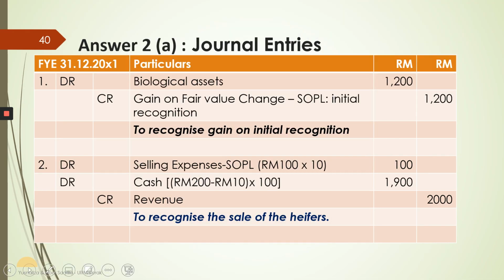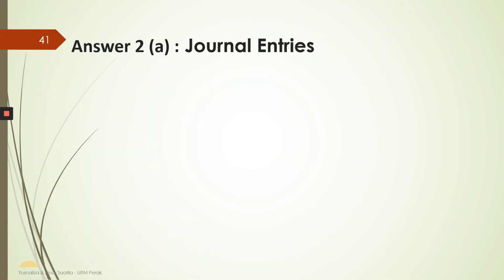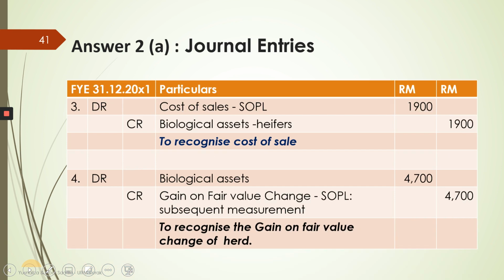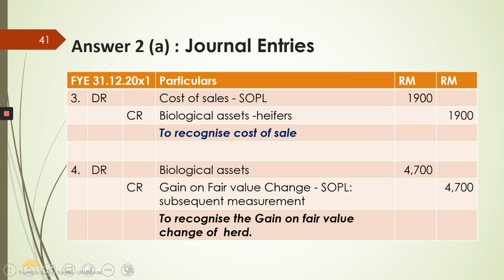So this is the first entry that I have done with you, which is the recognition of gain on initial recognition. And the second one is the journal entry related to the recognition of sale of the biological asset. The third one relates to the recognition of cost of sale.